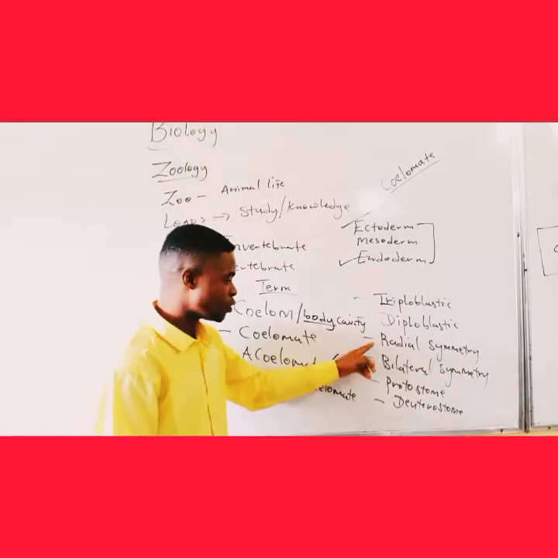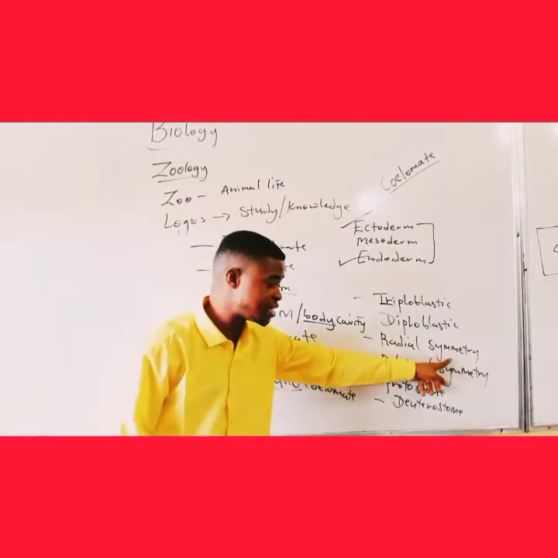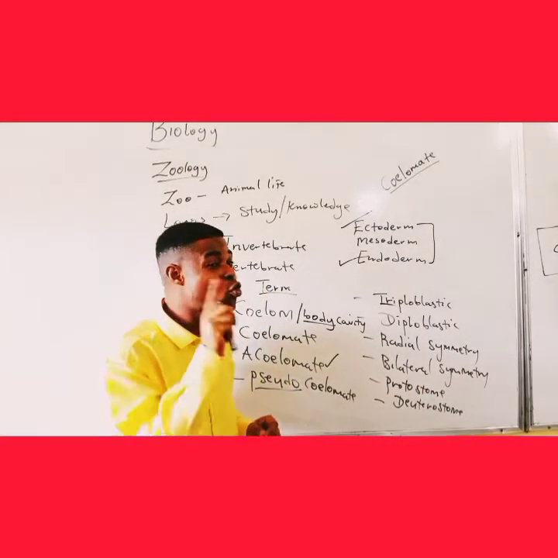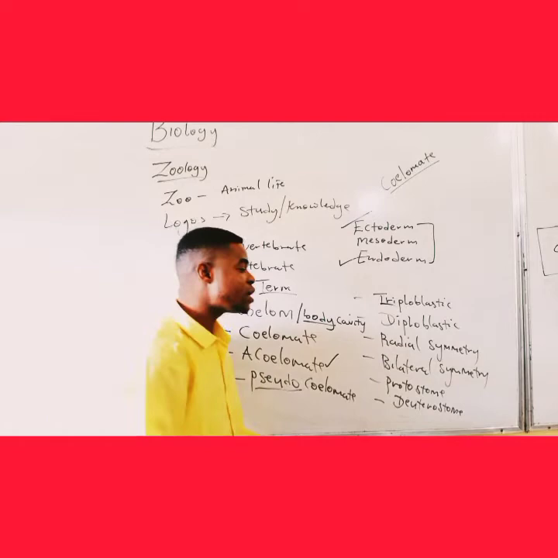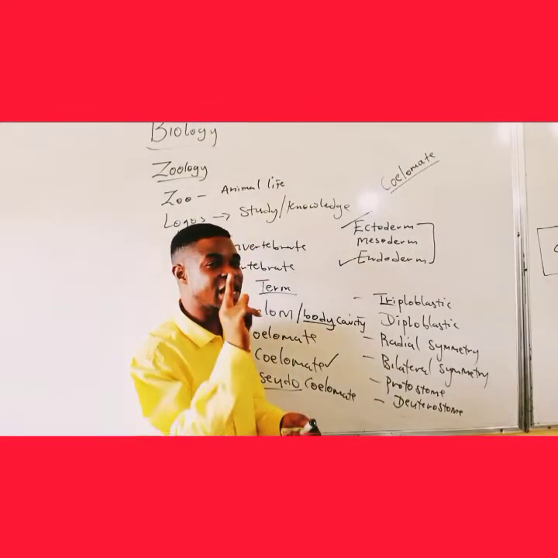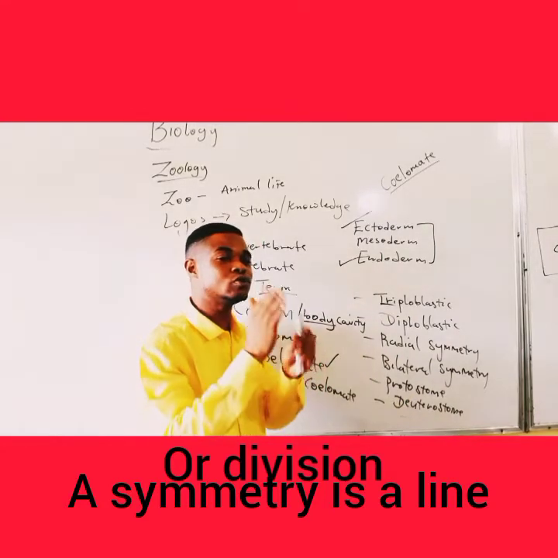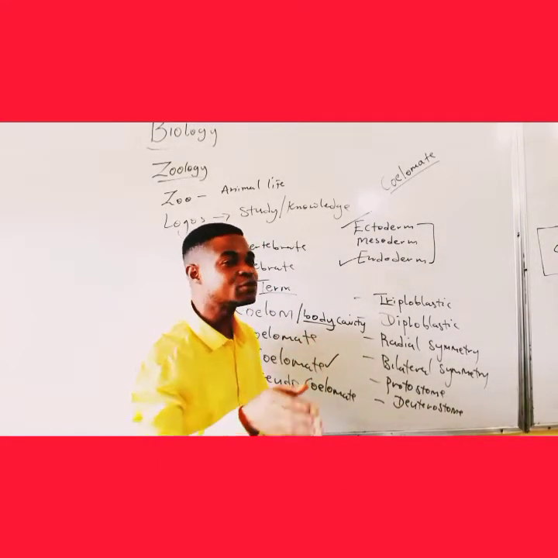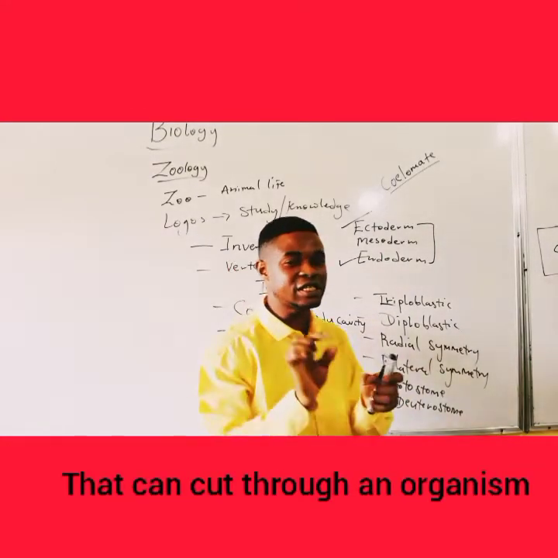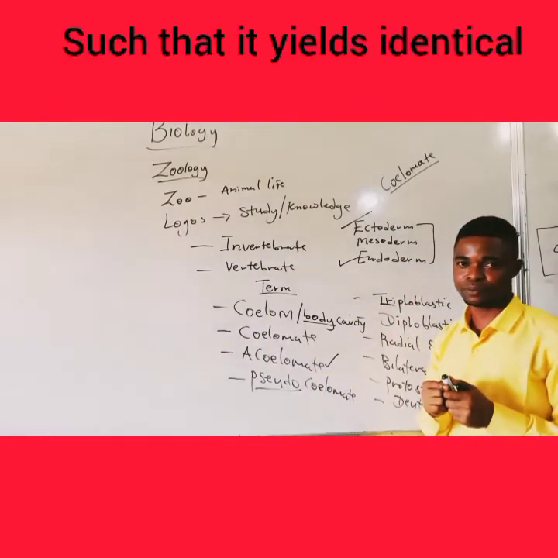All right. The next thing I'll be talking about is radial symmetry. First of all, what is a symmetry? A symmetry is a line of division that can cut through an organism such that it yields identical arms.